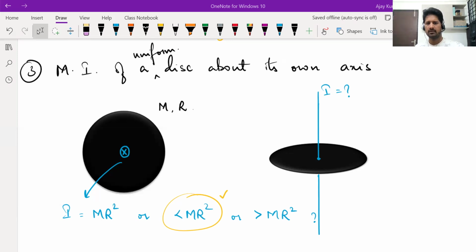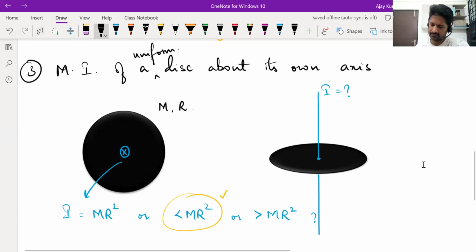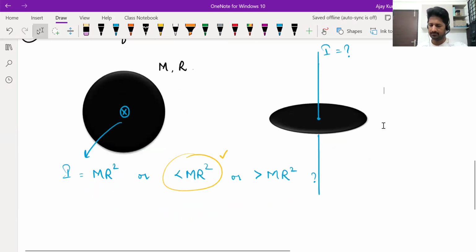Okay. Can one of you tell me an idea? How will you proceed? It's a continuous mass distribution. Aishwarya, how do we derive moment of inertia of a continuous mass distribution?